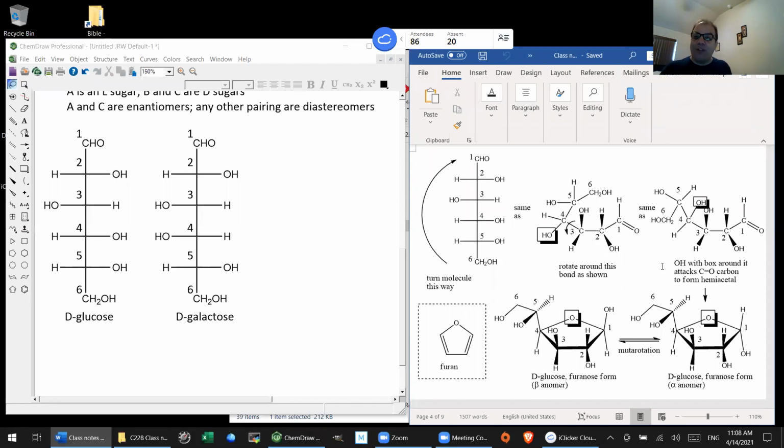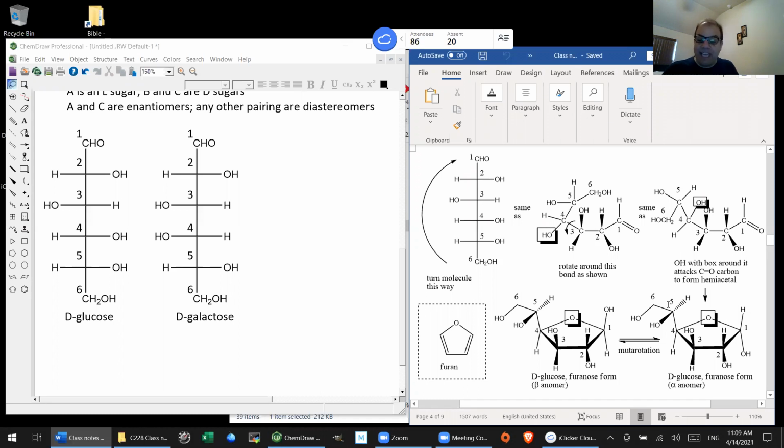So when you dissolve glucose in aqueous solution, all of these species are in a rapid equilibrium with one another, all rapidly switching back and forth between one and the other. You'll probably at any given time only have a few percent of the straight chain form. Most of them will be either the pyranose or furanose forms at any one moment.